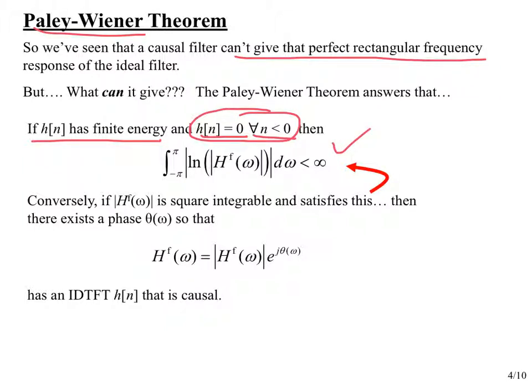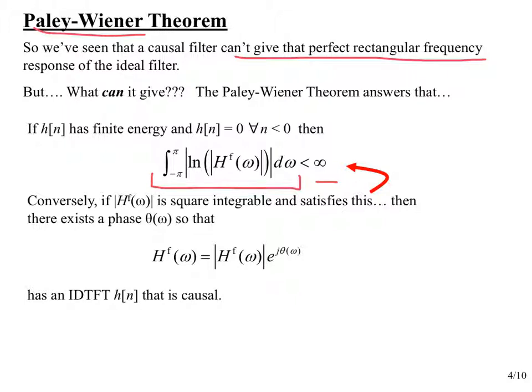And so what does this actually show us? It shows us that for the kinds of filters that we are restricted to in the real world, this integral must be less than infinity. This puts some constraints on what this thing can do, especially where and how it can go to 0. Because as soon as the argument of a logarithm goes to 0, the logarithm goes to infinity.